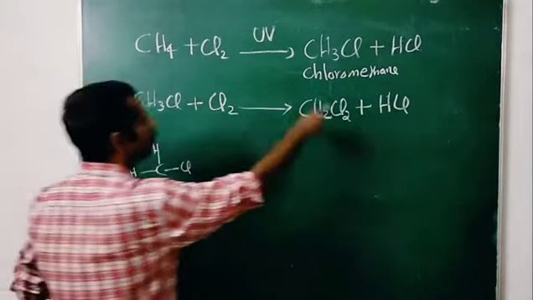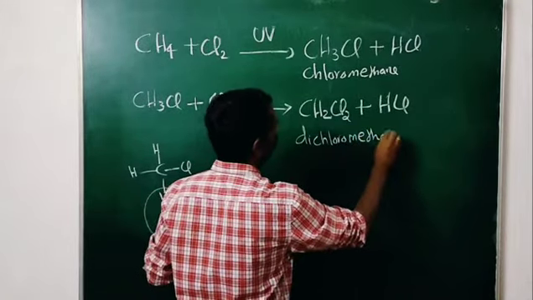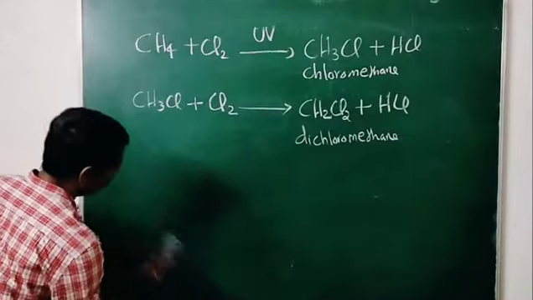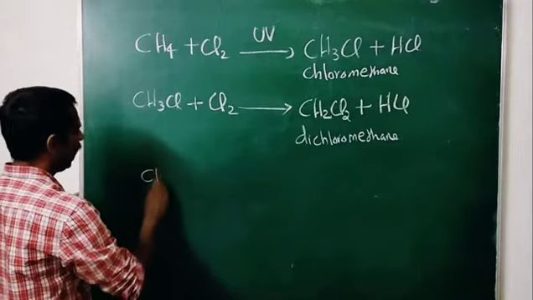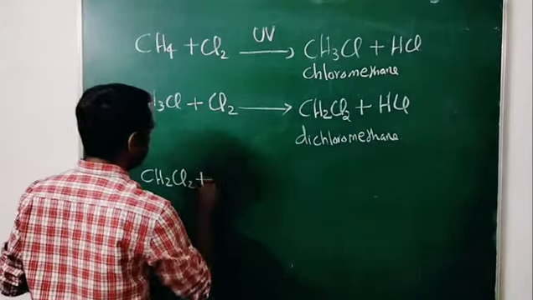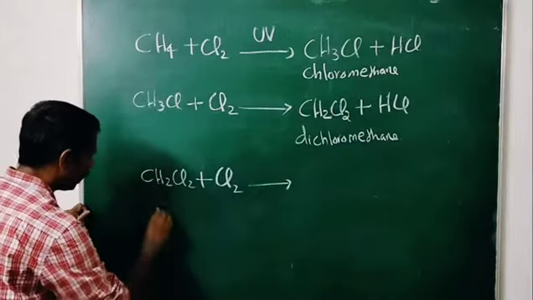What is the name of this compound? Dichloromethane. In the next step, this dichloromethane CH2Cl2 will react with another molecule of chlorine.